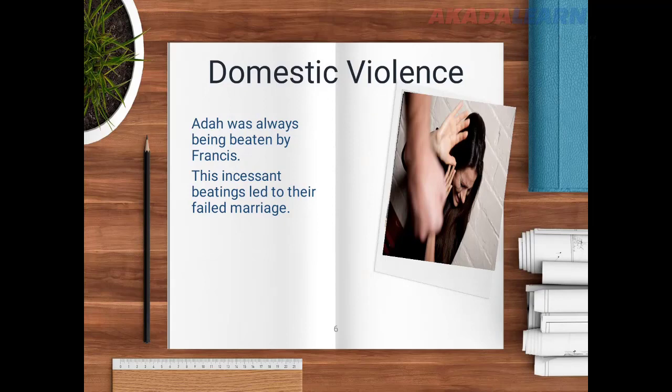So Buchi Emecheta is showing us the negative effects of domestic violence in families through her book. If we are trying to say that this book is an autobiography of Buchi Emecheta, then we're saying that there are certain women out there that have gone through a lot of domestic violence in the hands of their husbands, and some of them unfortunately couldn't fight back because they ended up losing their lives.